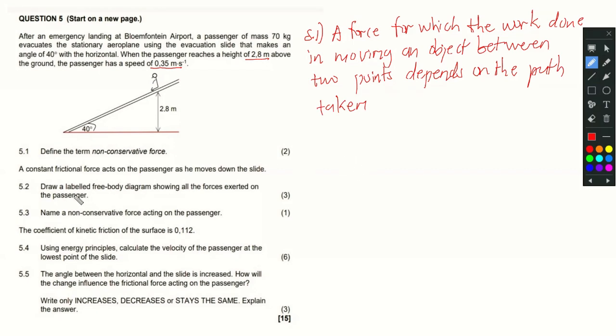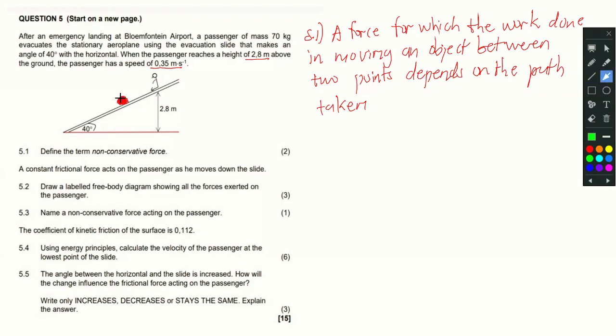Then we have 5.2. Above here, it says a constant frictional force acts on the passenger as it moves down the slide. So now we are being told that the slide has friction. Then 5.2, draw a labeled free body diagram showing all the forces exerted on the passenger, 3 marks. So we know 3 marks, 3 forces. Let me just draw it right here. The dot indicates the passenger.